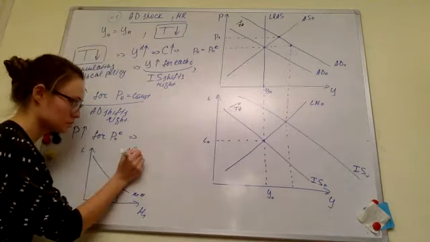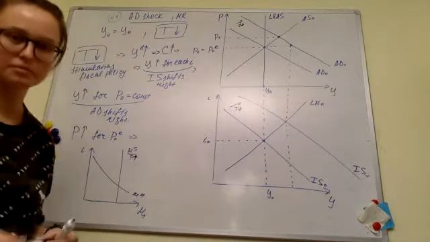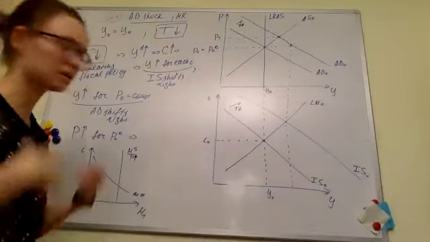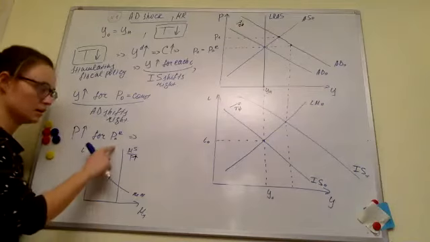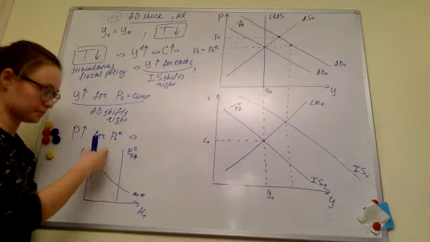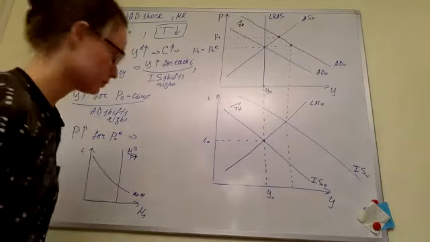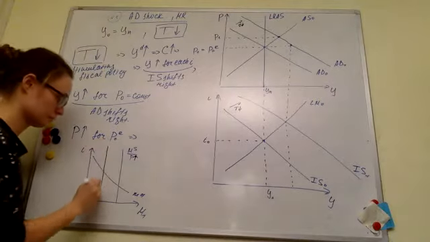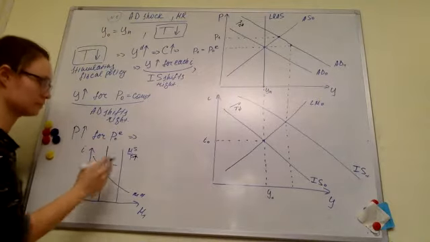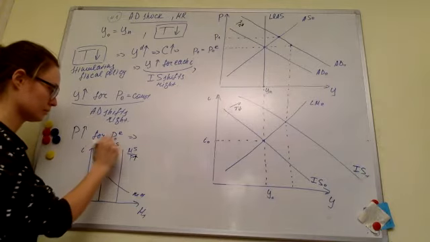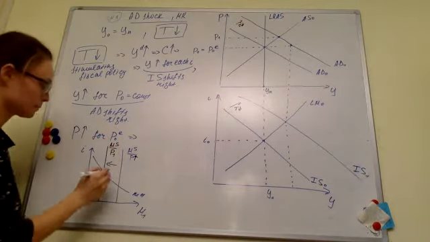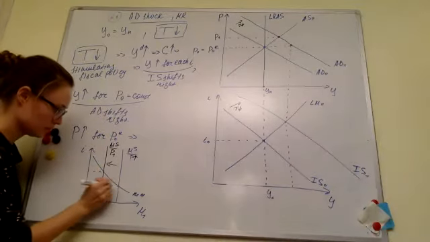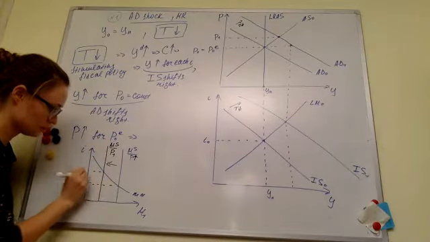What does that mean for real money supply? How much can we buy at such a price level? Real supply will decrease because we divide by a bigger denominator, P1.